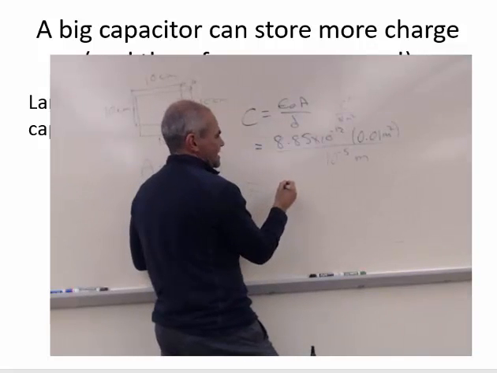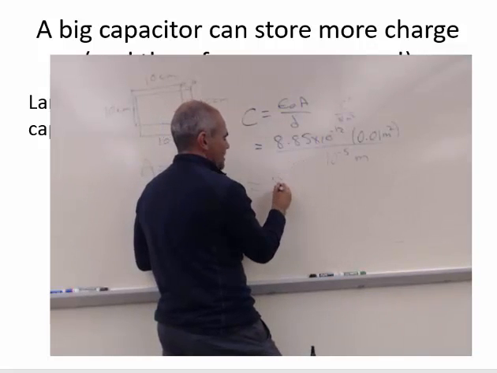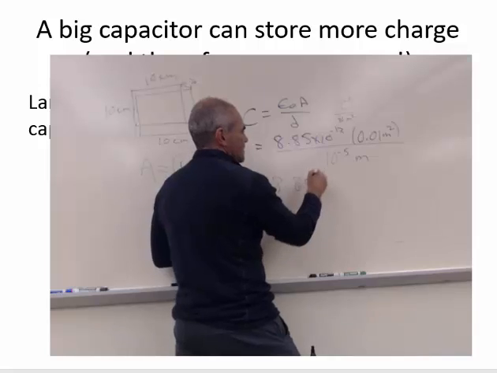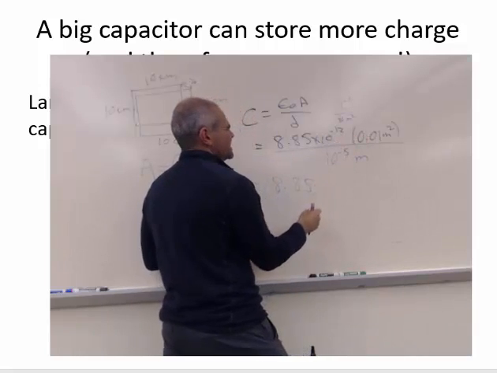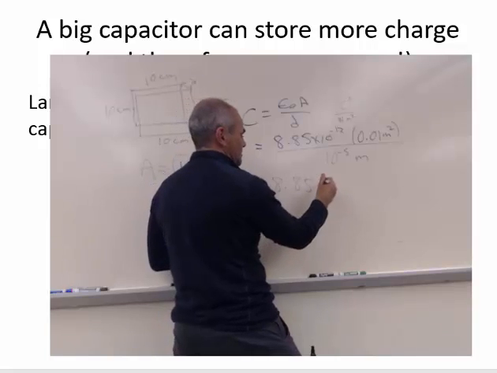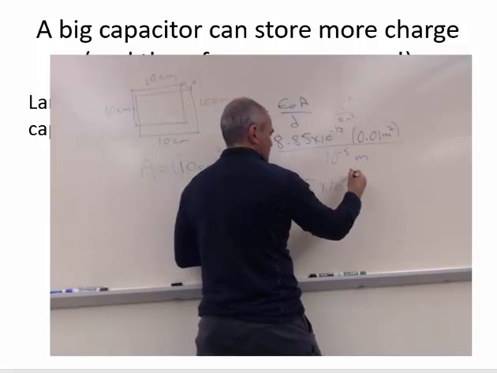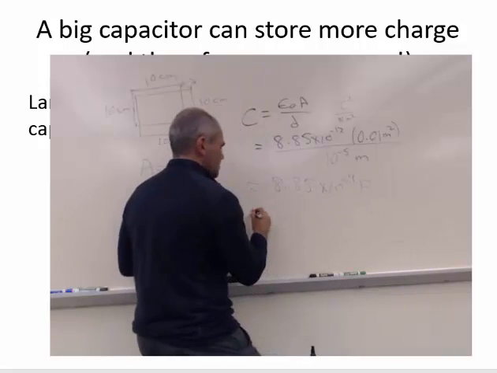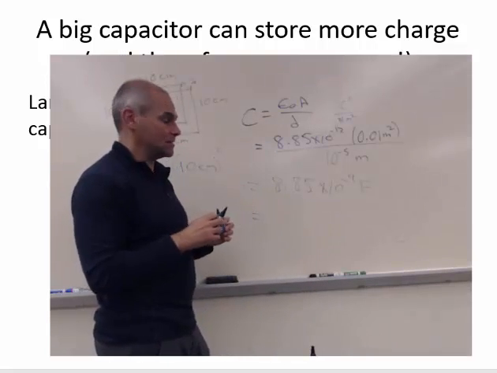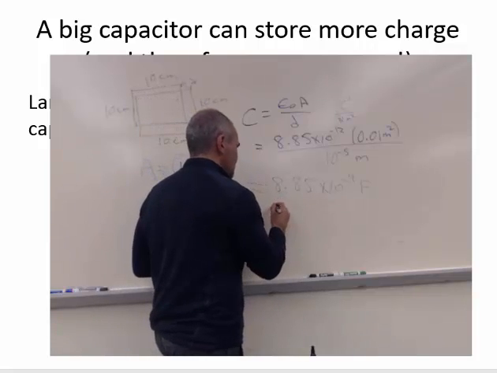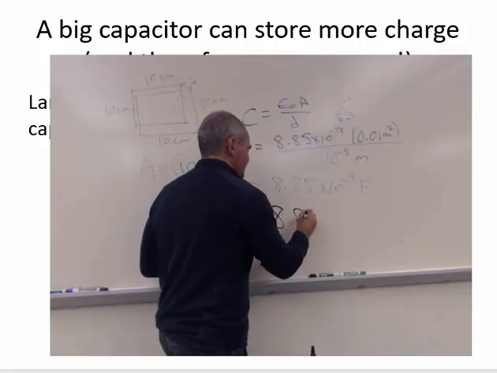It's going to be 8.85, I know that. That's going to make it 10 to the minus 14th, and then divide it by negative 5, I'm going to get 10 to the minus 9th. So what this means is this is equal to, looks like a really small number, doesn't it? Really small capacitance. It's 8.85.